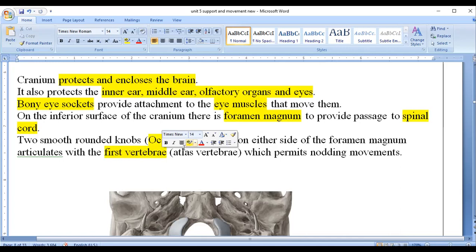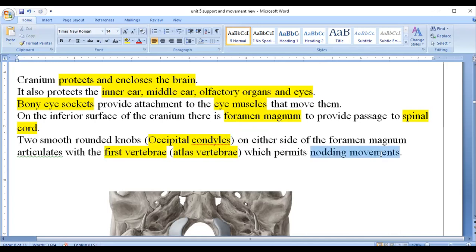What is the bone working as the first vertebra? Atlas vertebra.